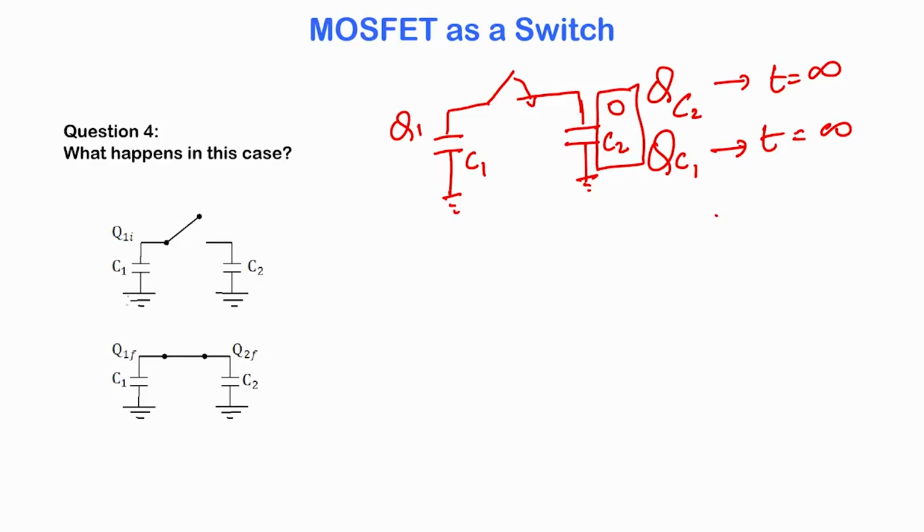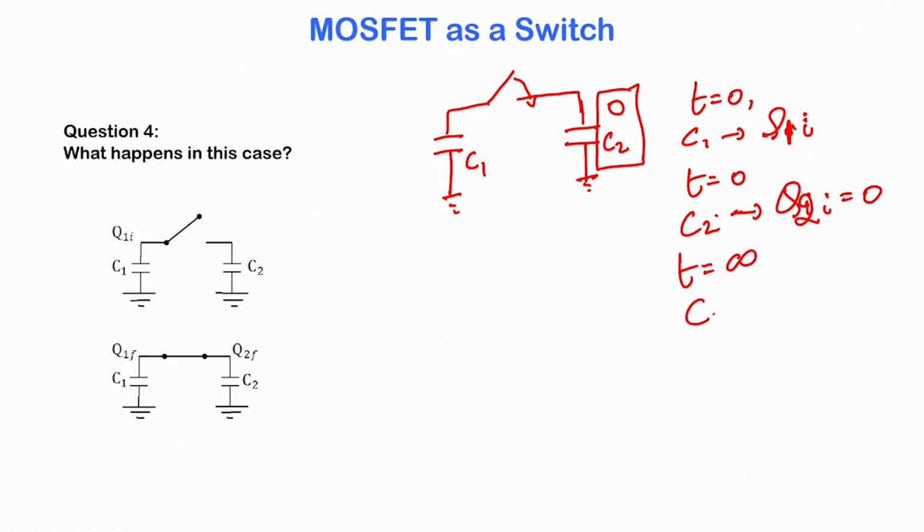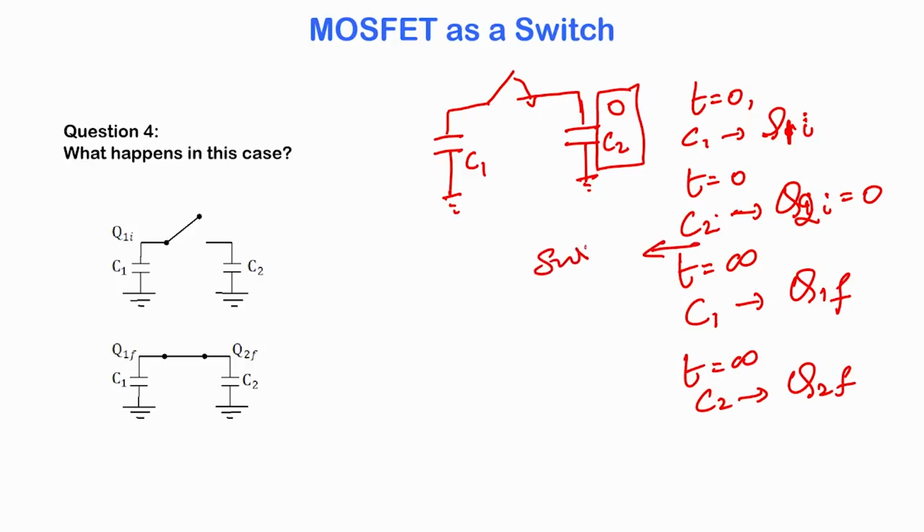Let us use the variables I have used here: at time t equal to 0, C1 has a charge of Q1 initial, and at time t equal to 0, C2 has a charge of Q2 initial, which is 0. At time t equal to infinite, C1 will have a charge of Q1 final, and C2 will have a charge of Q2 final. And what has happened here is that the switch has been closed.